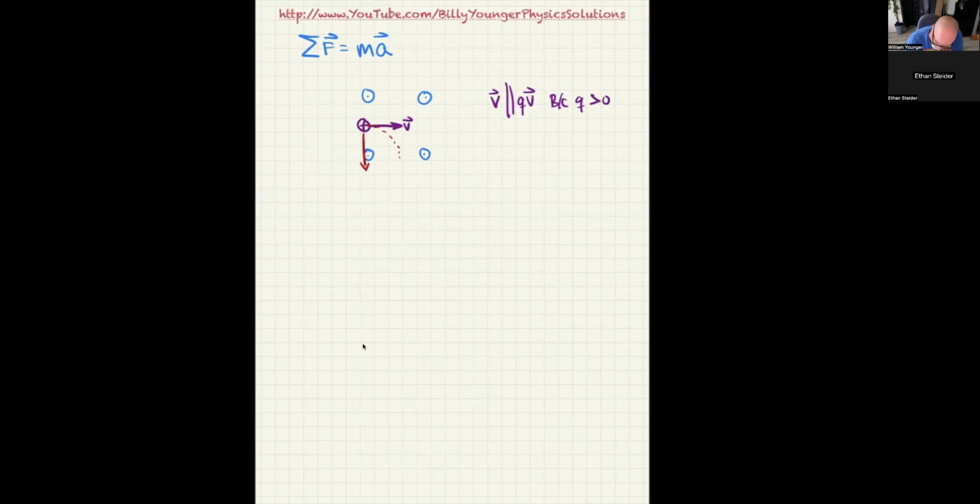In fact, if you look over here, once the velocity has been turned so that it's this way, now you do a qv that way and a B out of the board, and you see again, the force is that way. So what that's telling us is that the force is always going to be perpendicular to this velocity. And if this area with the uniform magnetic field is large enough, this thing is going to complete a circle.